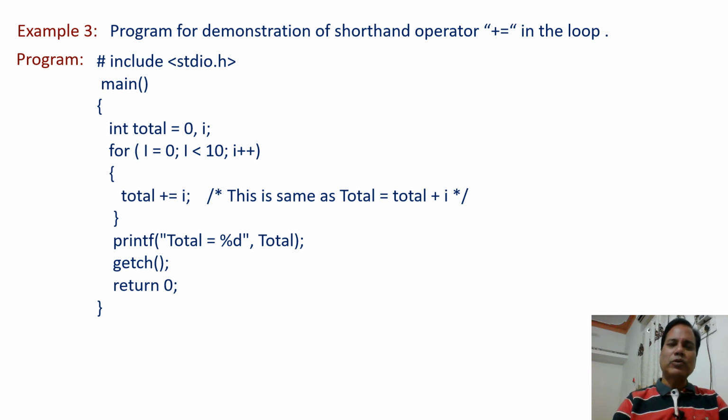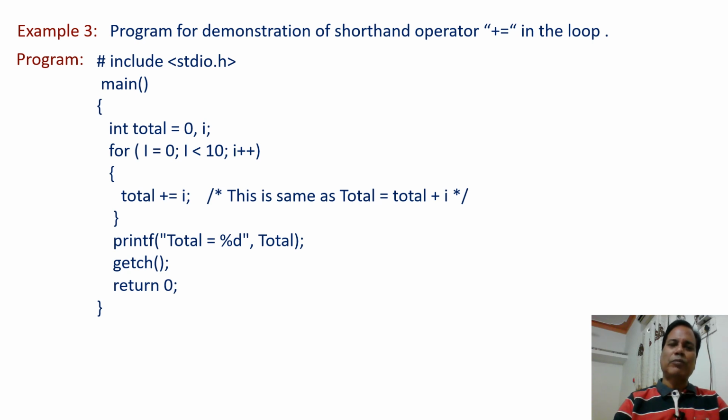So with i equal to 0, we are setting the initial value of i as 0. And then the next statement is the condition. So 0 is less than 10. If this condition is true, what is the body of the for loop?